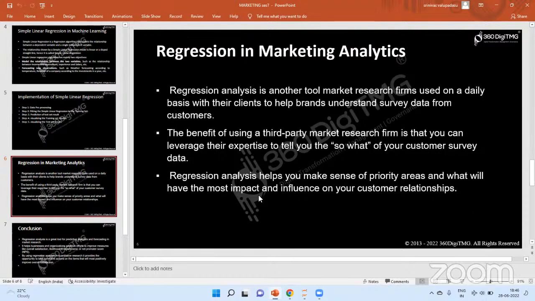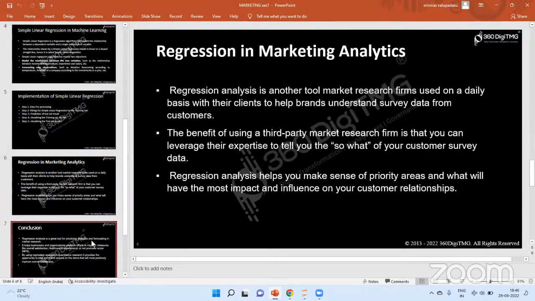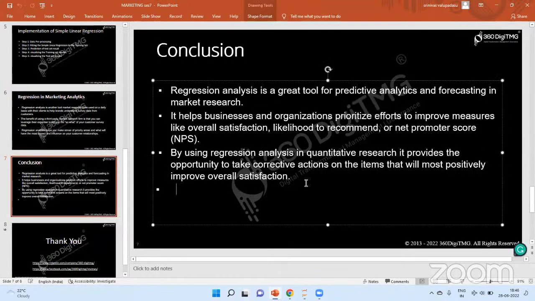In this way, the regression concept is helpful in marketing analytics. As I said, it is a great tool for predictive analytics and forecasting in market research analysis. It gives an idea of what precautions and steps I need to follow to improve my business.